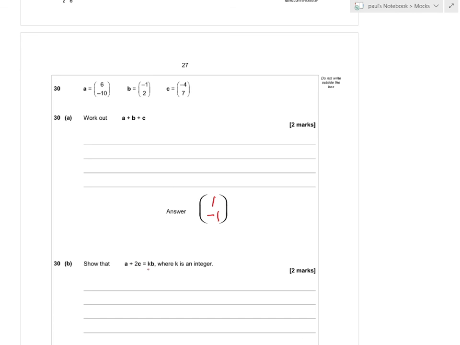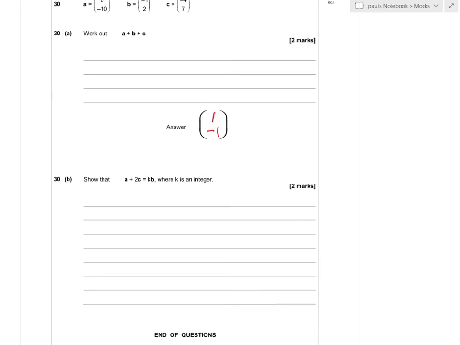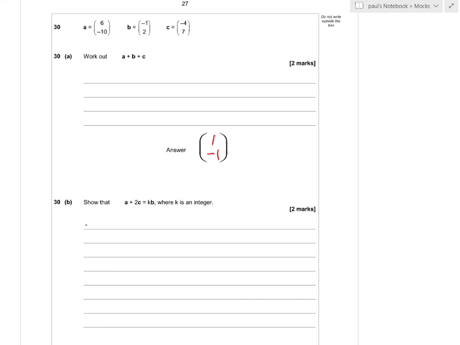Alright, A plus 2C equals KB, where K is an integer. Alright, so A is 6 minus 10. And 2C, there's a C, so double that is minus 8, 14.